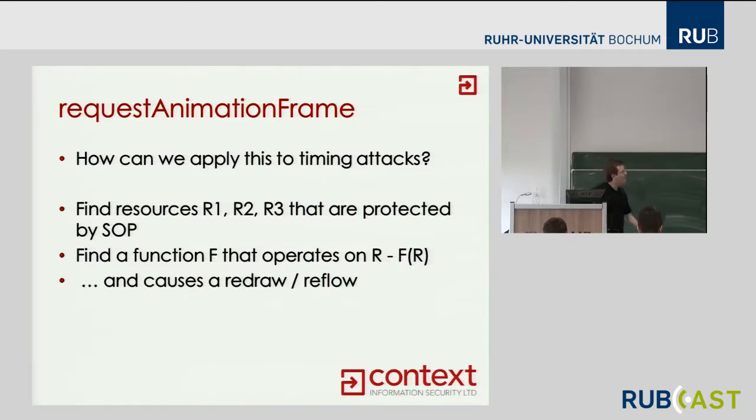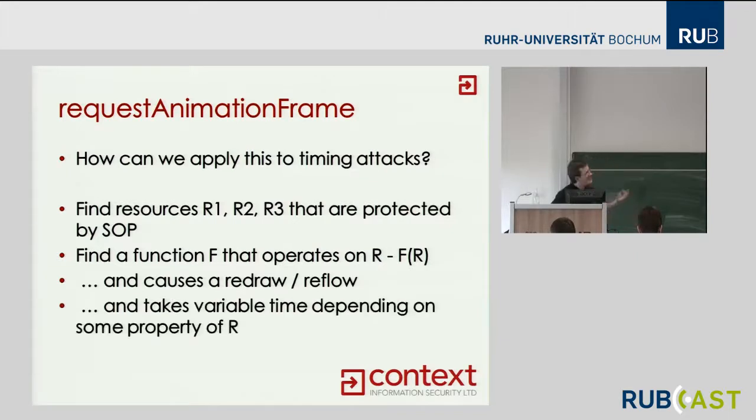Because we're looking at the graphics stack, that function needs to have some effect on the rendering of the page, so it needs to call something to redraw or to reflow. And it needs to take a variable amount of time, depending on the resource that we give it. If it always takes a constant time, then that's no good for a timing attack.